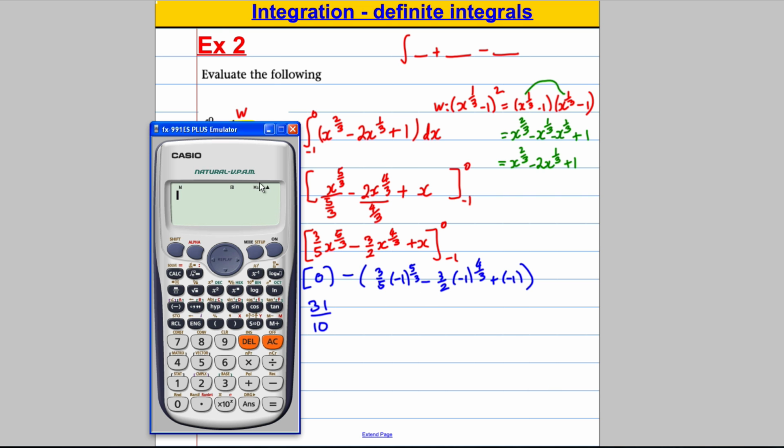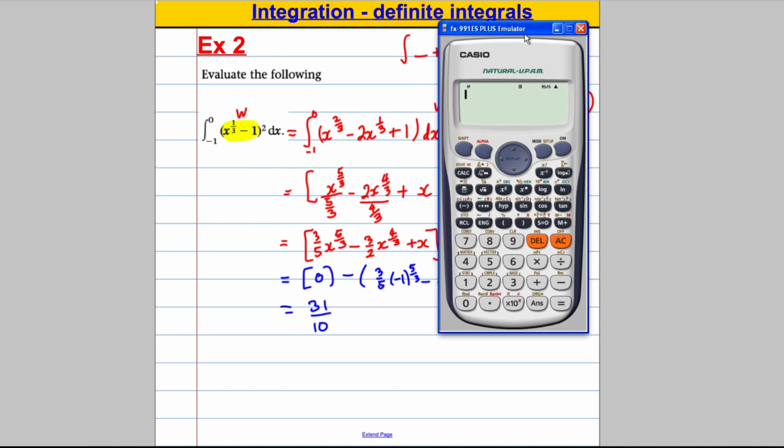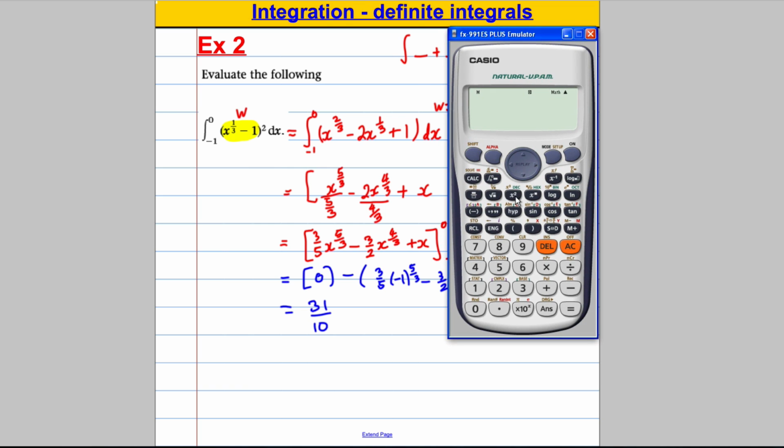Let's check our answer by using the integral facility. So what we're going to do is integrate brackets, x to the power of 1/3, take away 1, squared, between -1 and 0.